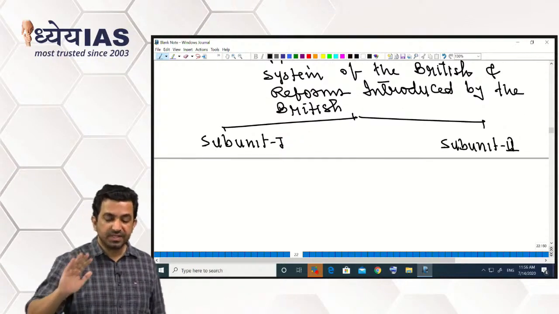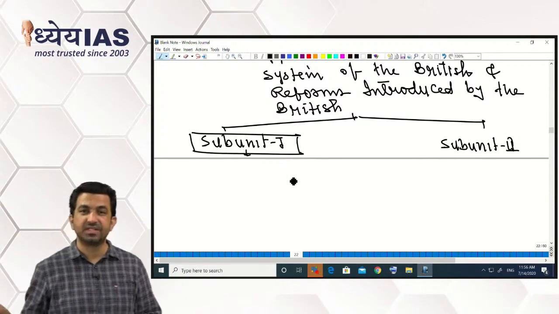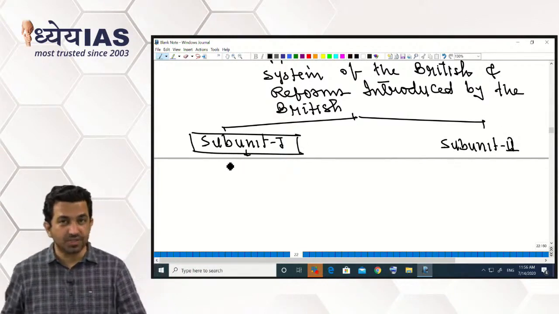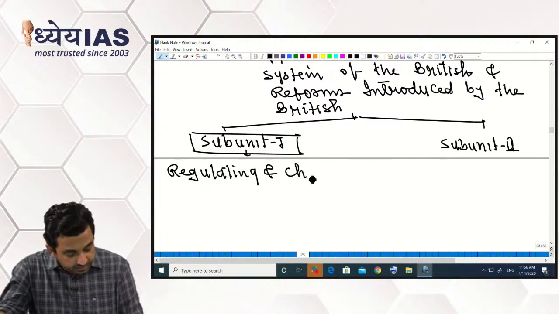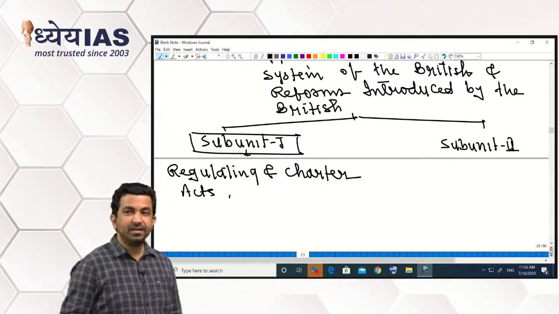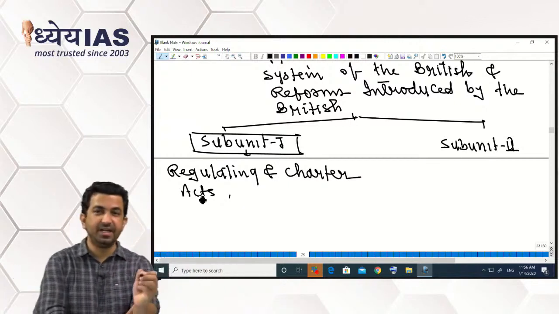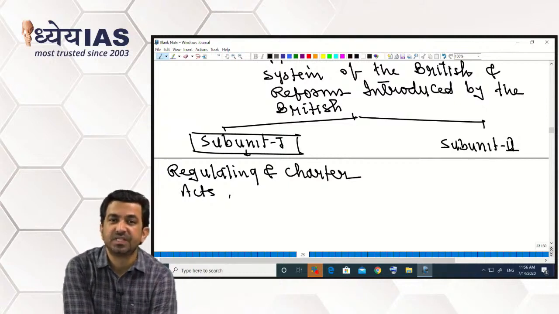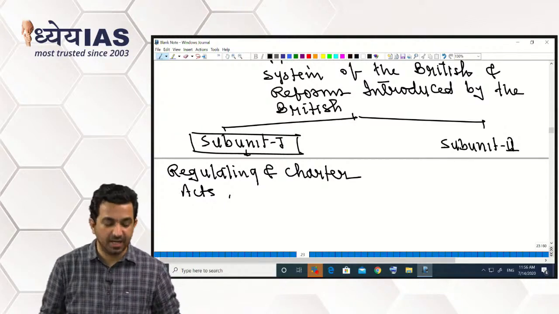So Unit 2, subunit 1 includes, or we are going to keep under this subunit, several topics of our syllabus, scattered syllabus in fact, like regulating and charter acts, like Regulating Act of 1773, Pitt's India Act 1784, then Charter Acts of 1813 and 1833.